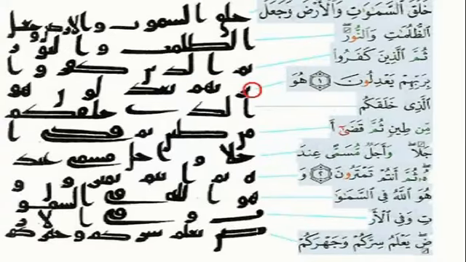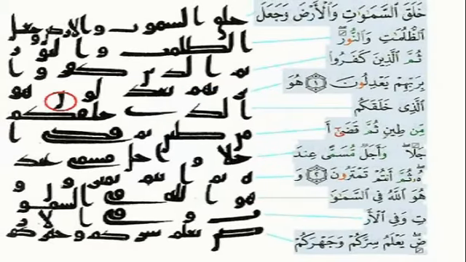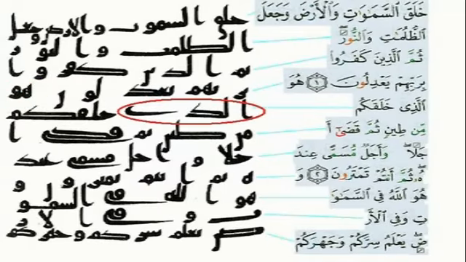Kafaru bi rabbihim ya'dilun. This is noon. Huwa alladhi khalaqakum min teen. Thumma qada ajalan. So alif is here and jim is here, next to the rest of the word.